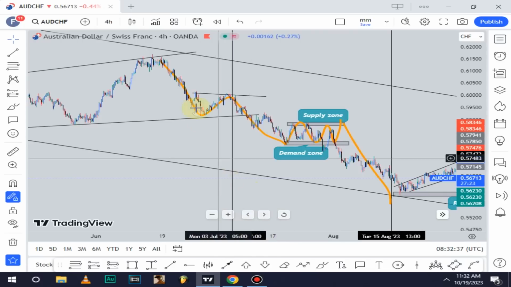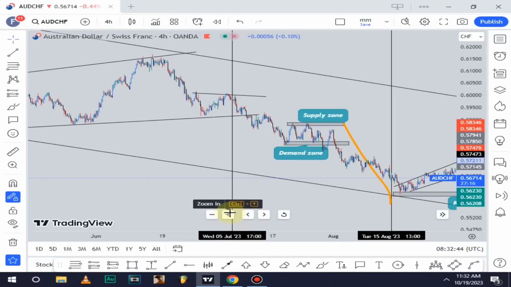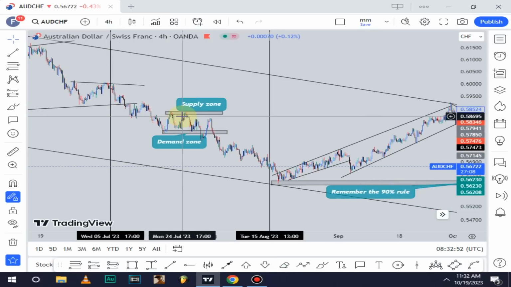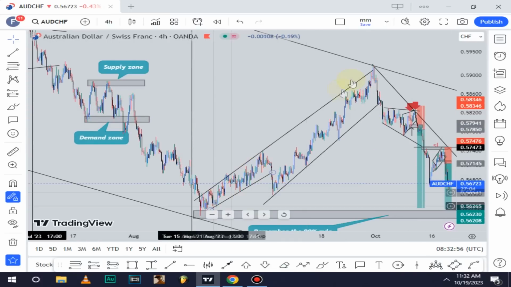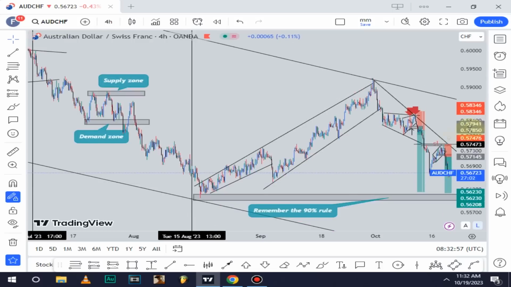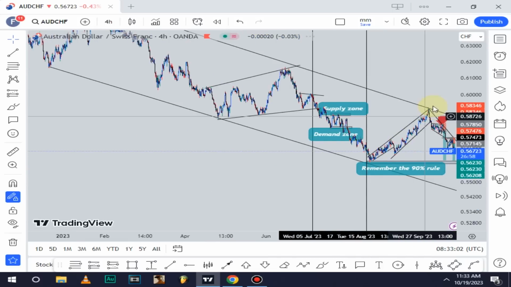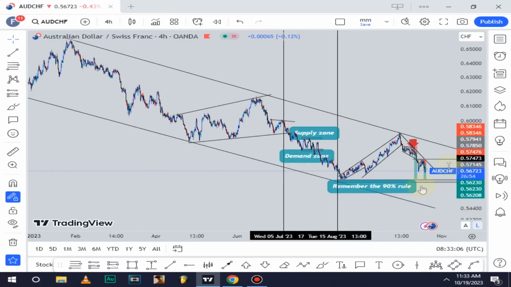So for you not to fall into this trap, you need to look at the market in a general way. First understand the general direction of the market, what the market is doing. For example, I identified that this is an upward move, but generally we are still in a downtrend. Of course this is an uptrend, but it is an uptrend within a correction.